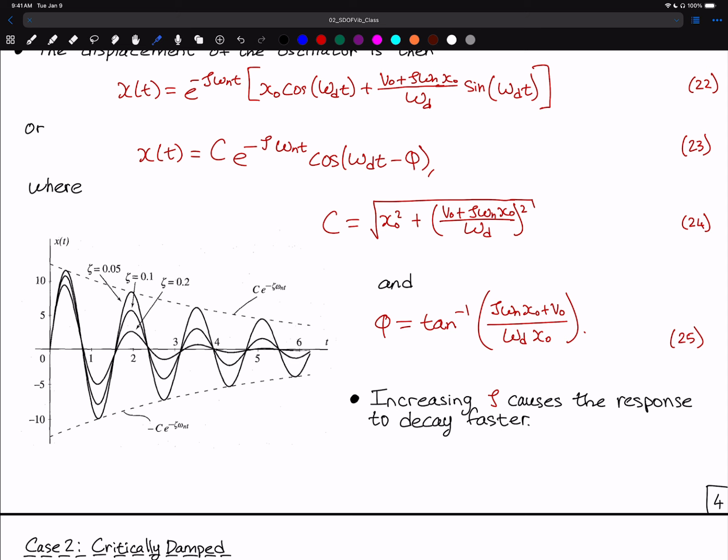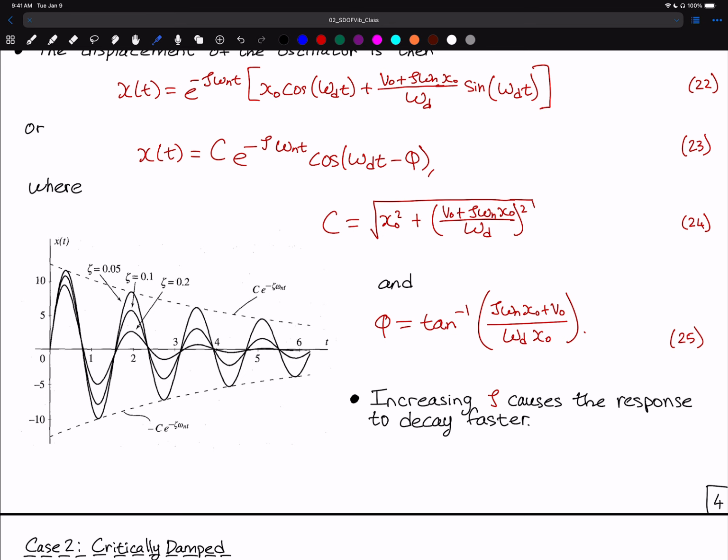This is the amplitude of the signal, and it is decreasing over time due to the damping in the system. That damper is constantly extracting and removing energy from the system, and as a result, this is decreasing the amplitude of the displacement over time. Again, case 1 is underdamped, and this is the only case where we get periodic oscillations.